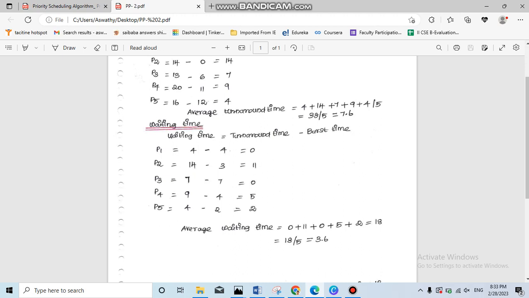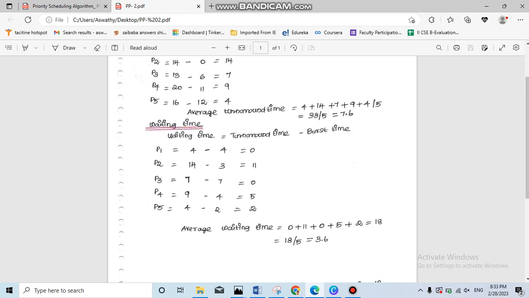Let me conclude this lecture. We have just seen what preemptive priority scheduling is. Preemptive means if a process is running and another process arrives in the queue with a higher priority, the currently running process will stop and it will check the priority.